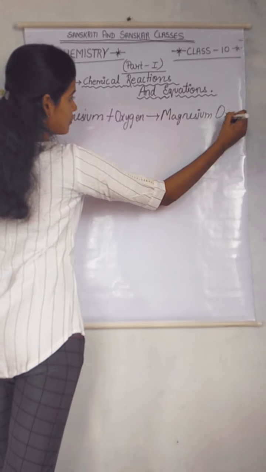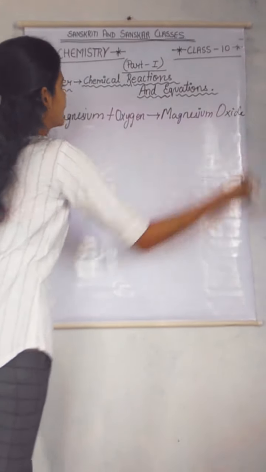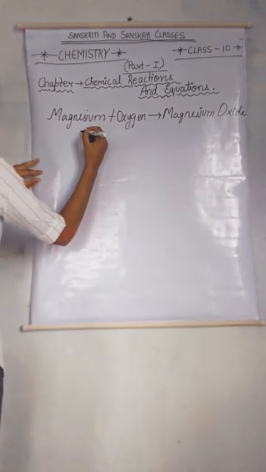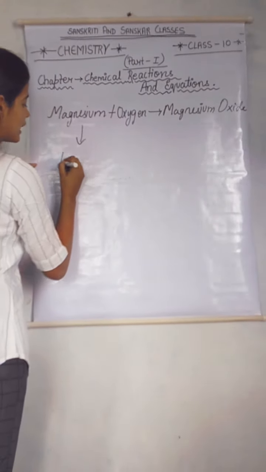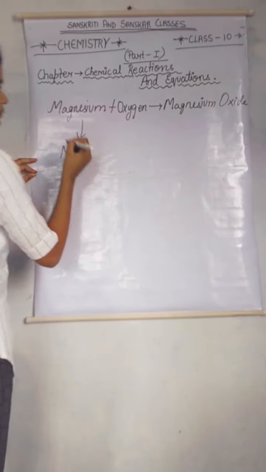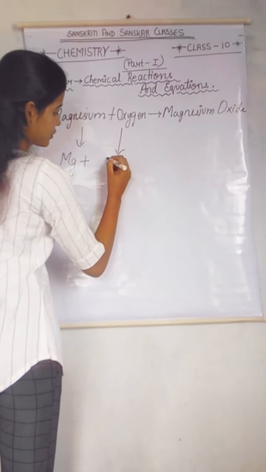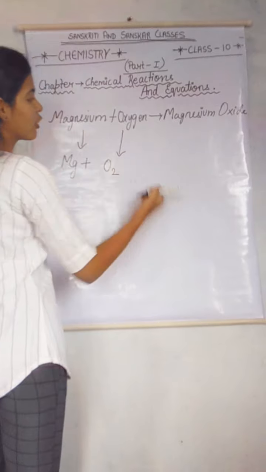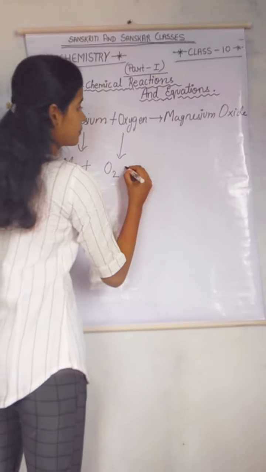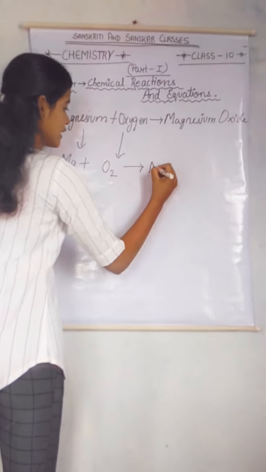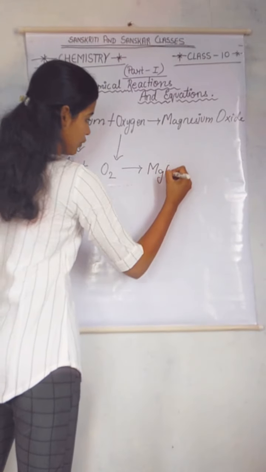We can write this in a shorter form, that is, by writing formulas. Magnesium is Mg, plus oxygen, O2, as it is in the form of gas, then it will give us MgO.